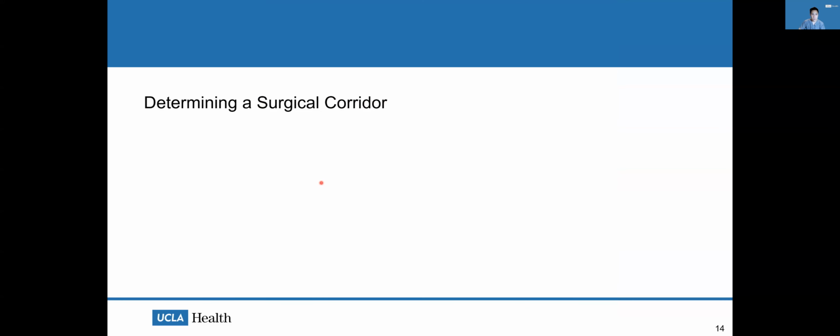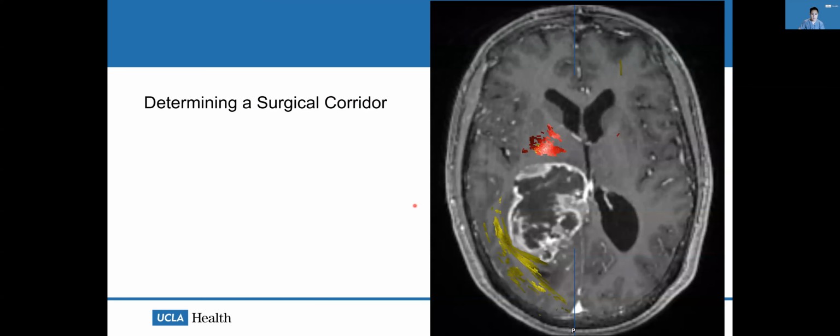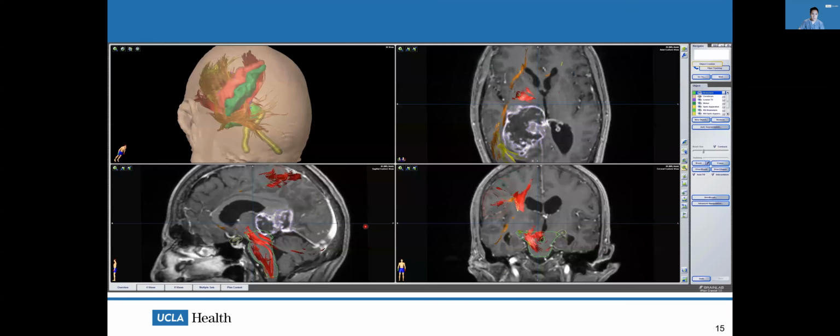So determining a surgical corridor is to take into account all the necessary anatomic structures. And so if you see something like this, you might think, oh, if we go in from the bottom off to the side, it's the shortest corridor, but these yellow fibers are actually the visual fibers. So if we were to transgress through there, this would give the patient a complete field cut or loss of vision on the left half of their world.